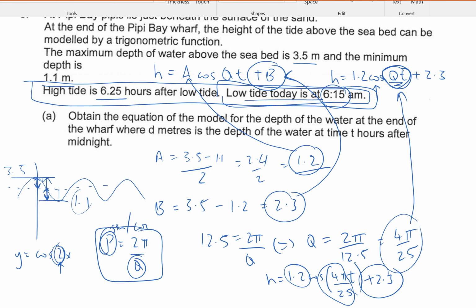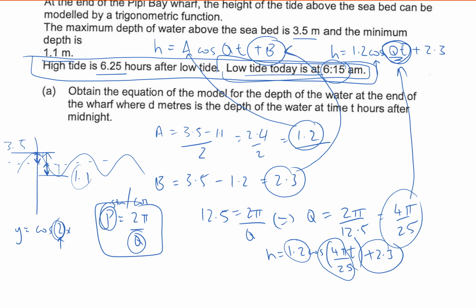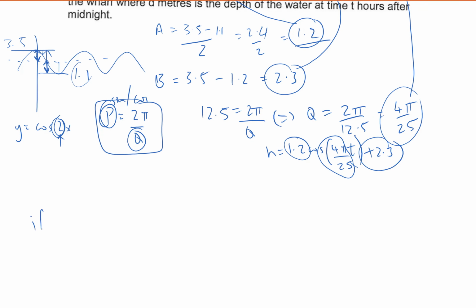If it said low tide was at 4 AM, all I'd do is I'd still have h equals 1.2 cos 4 pi t over 25 plus 2.3, but I'd match up low tide.